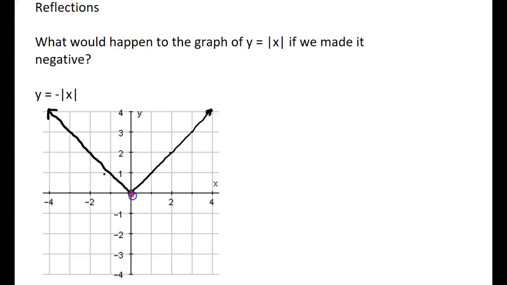So (0, 0) is going to stay the same, but (1, 1) will become (1, -1). (2, 2) will become (2, -2), and so on and so on. And so what happens is it is reflected over the x-axis. So if I make the entire function negative, it flips it over the x-axis.